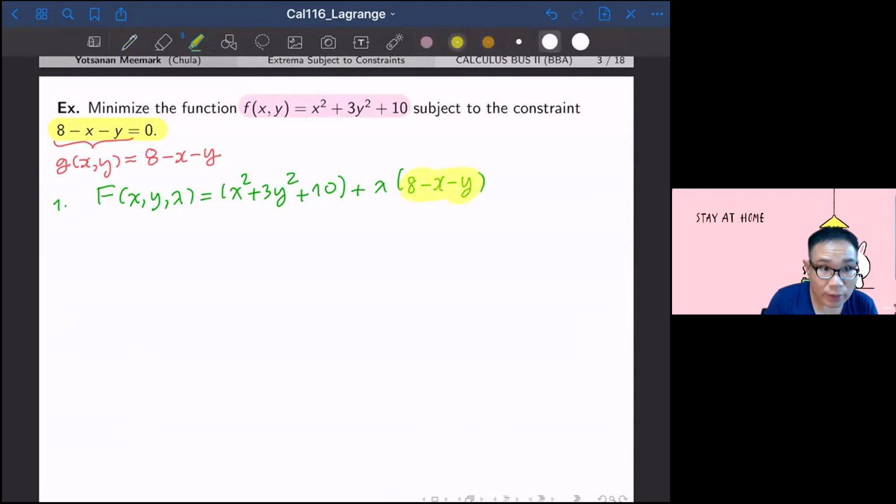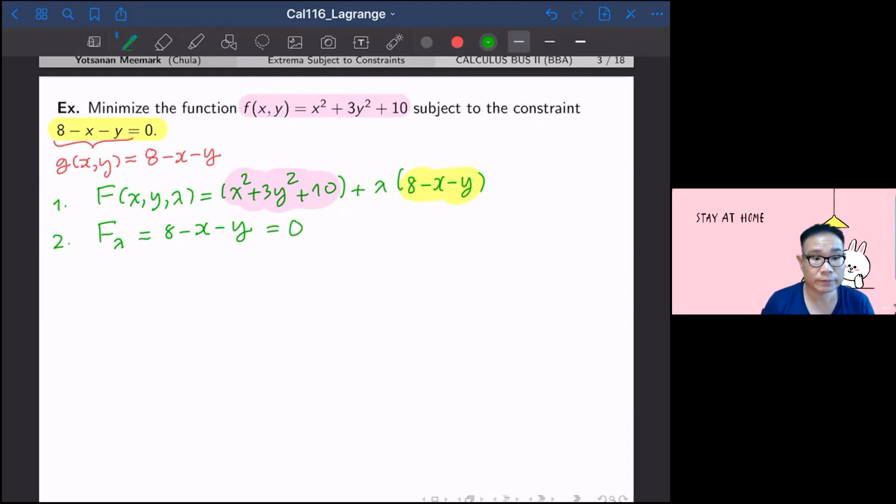In this case, you have the yellow guy and the pink guy. And then the second step, you're gonna compute F_lambda. F_lambda is just the yellow guy, just copy, no need to differentiate. So F_lambda will be just the constraint.